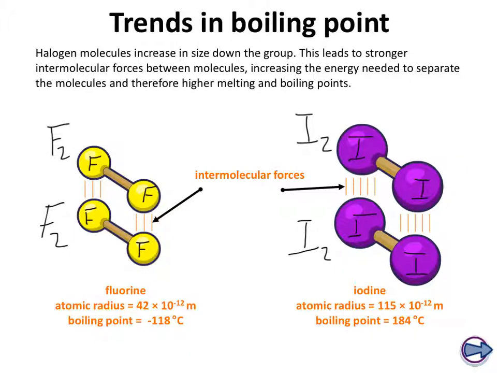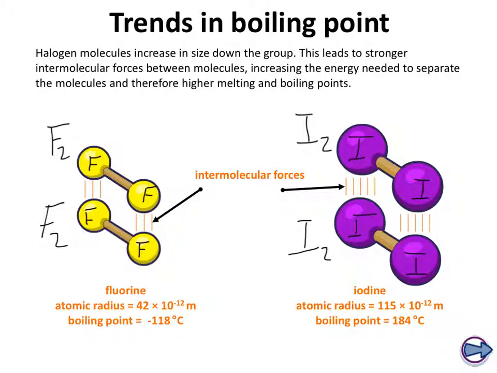When you're boiling something like fluorine or iodine, you are not breaking the covalent bond between the atoms. That bond remains the same. All you're doing is taking one molecule and another molecule and moving them further apart. You're pulling the 2 molecules away from each other without breaking the bond between them.